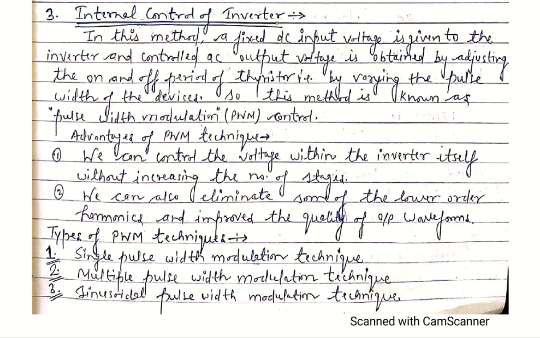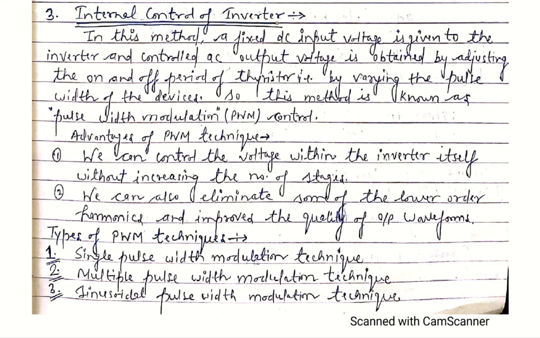In this method, a fixed DC input voltage is given to the inverter, and a controlled AC output voltage is obtained by adjusting the on and off period of the thyristors. If the on and off periods of the thyristors are controlled, then the AC output voltage is controlled. How will we control the on and off period of the thyristor?